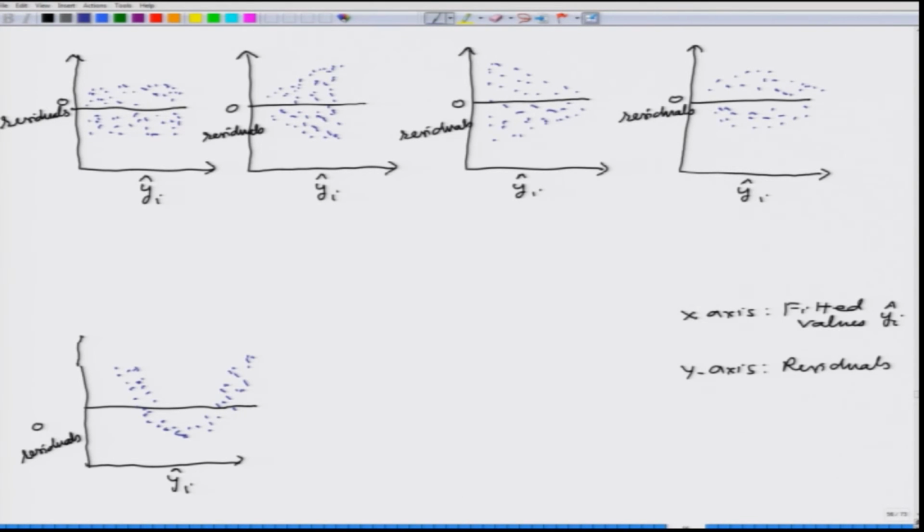So, now let us come to picture number 1. Okay. Now, in this case you can see here that the blue dots indicating the observations between yi hat and residual can be contained in a sort of horizontal band. Right. So, here in this case residuals can be contained in a horizontal band.